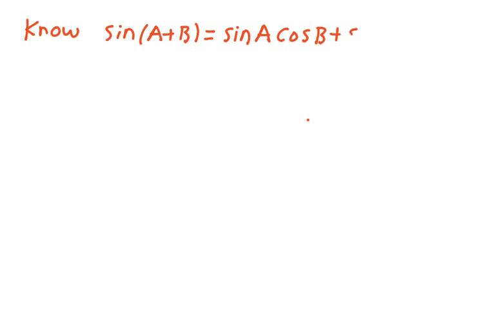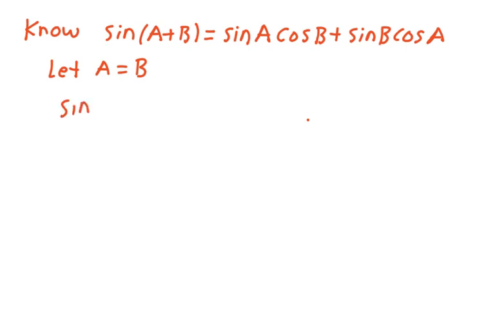We know sine of a plus b is equal to sine a cosine b plus sine b cosine a. Okay? Now, let's suppose I let a equal b.